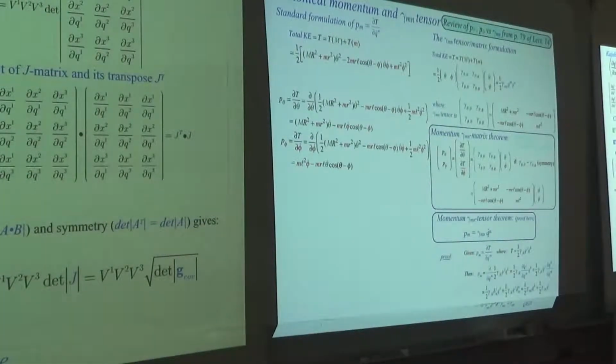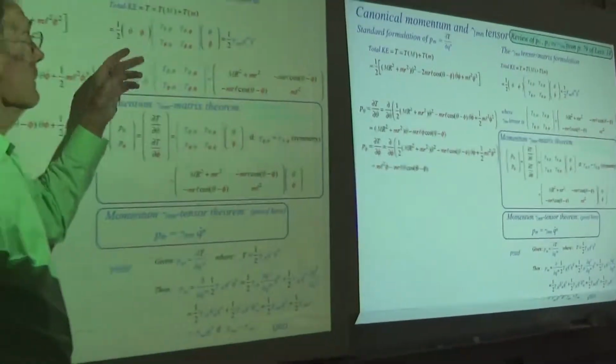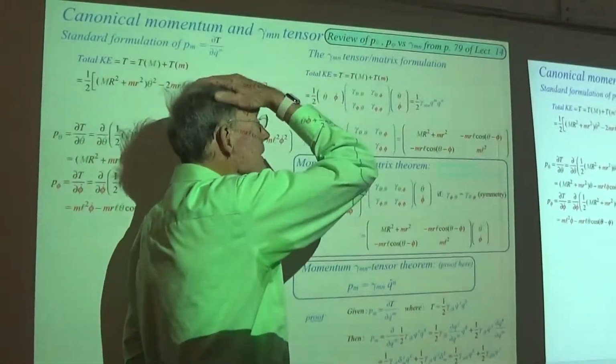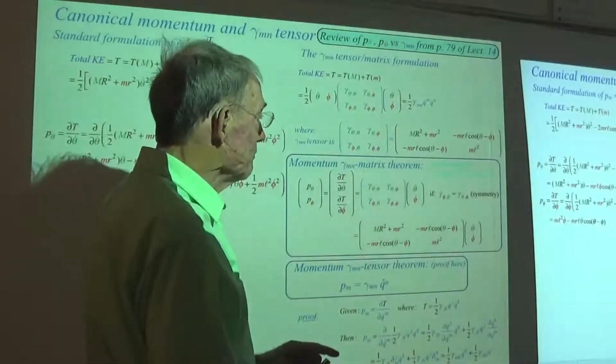Okay, let's use it now, but it won't be g mu nu, it'll be gamma mu nu. Coming back again to the stuff that we did in the last lecture, it's about page 80 or so, we write all this out finally.